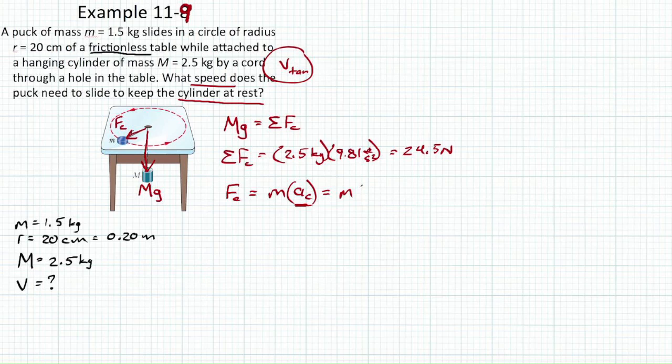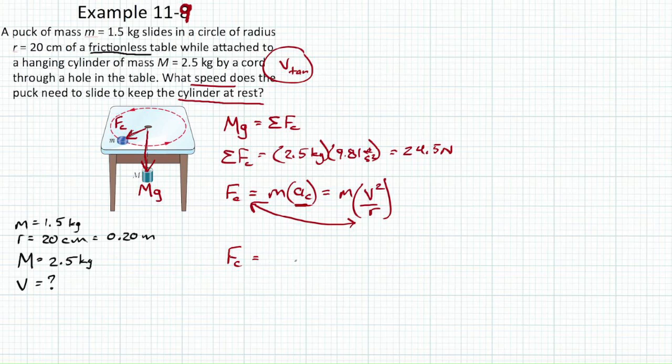If you recall, centripetal acceleration is velocity squared over the radius. That was probably our first equation for centripetal acceleration. So if we know that to be true, why don't we solve for our velocity simply by comparing it to the centripetal force?